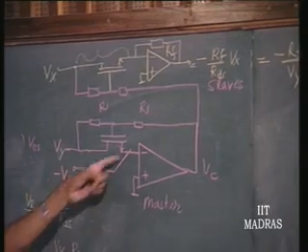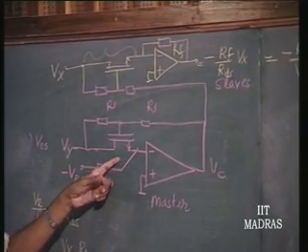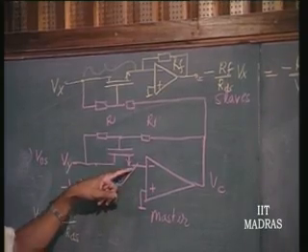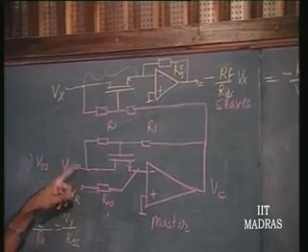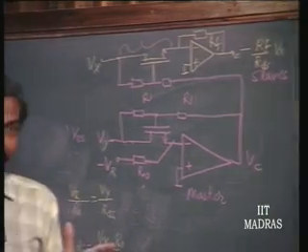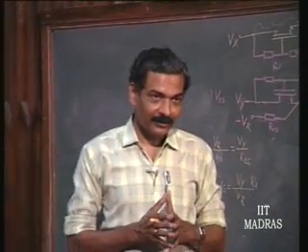The only thing is, I am assuming that this current is the current that is passing through this, and that current is determined by this divided by that. In that assumption, I am considering that the FET is linear.